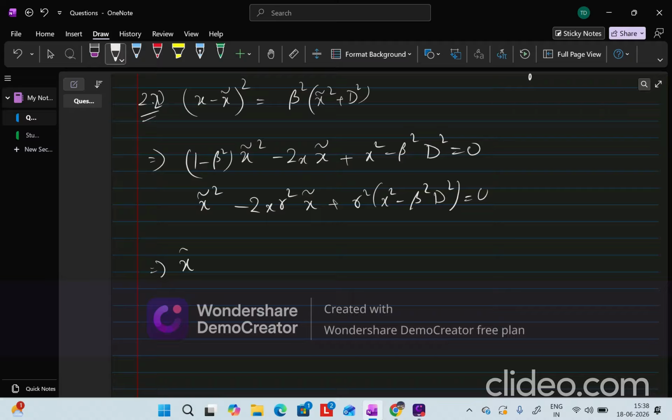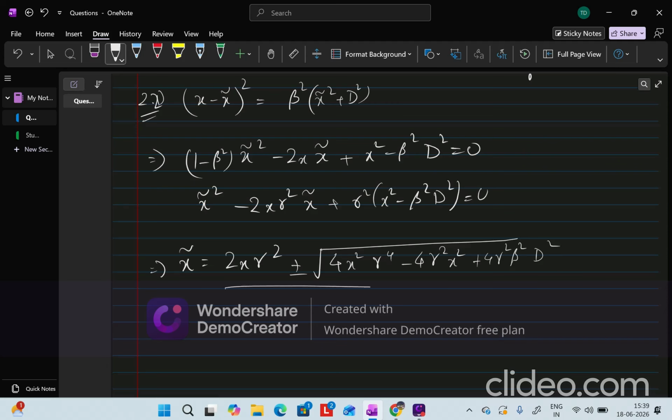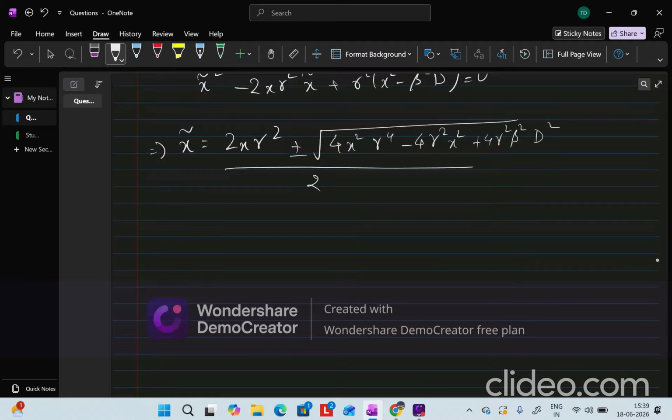Thus I'll get x̃ equals 2xγ² plus or minus the square root of 4x²γ⁴ − 4γ²x² + 4γ²β²d², upon 2. We just need to simplify the result more.